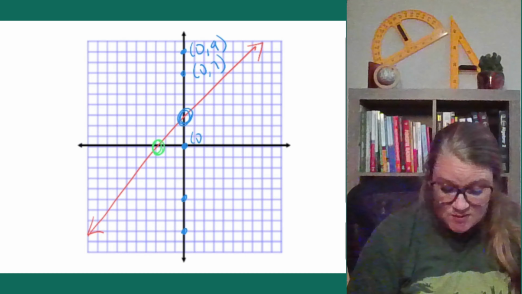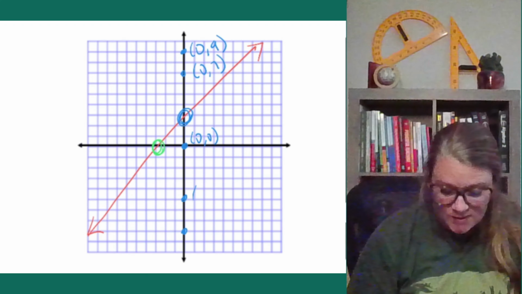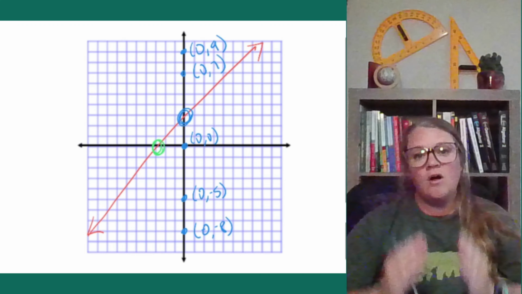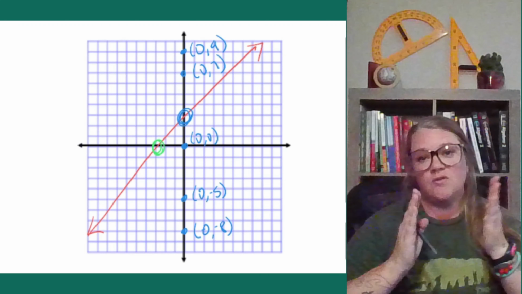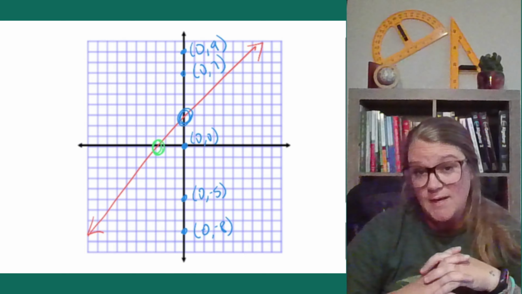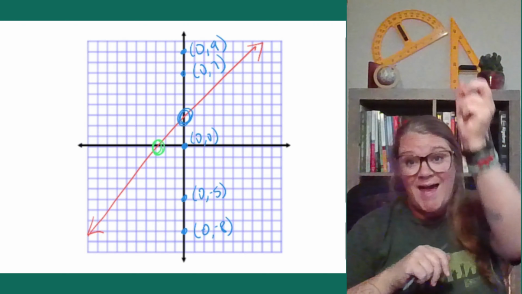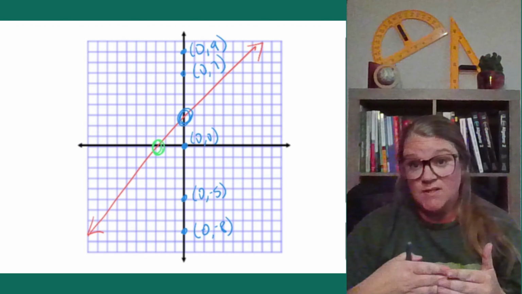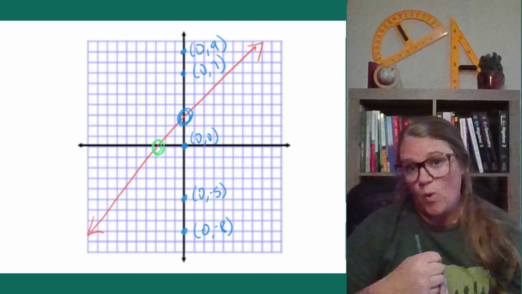This is the point (0, 0). This is the point (0, 5). This is the point (0, -5). This is the point (0, -8). If I look at all of those points, there's something that they all have in common, and that is that the x value is 0. The x value is 0 in any point that's on that y-axis.